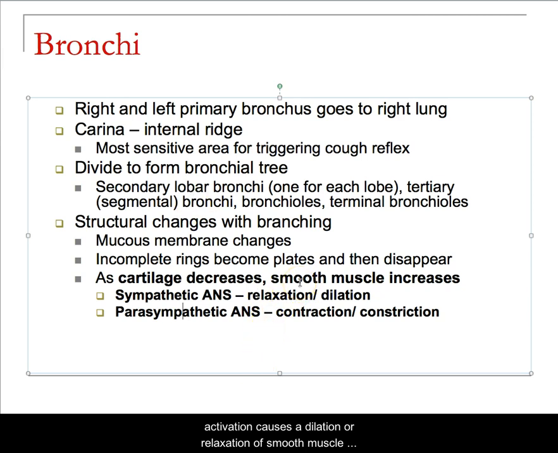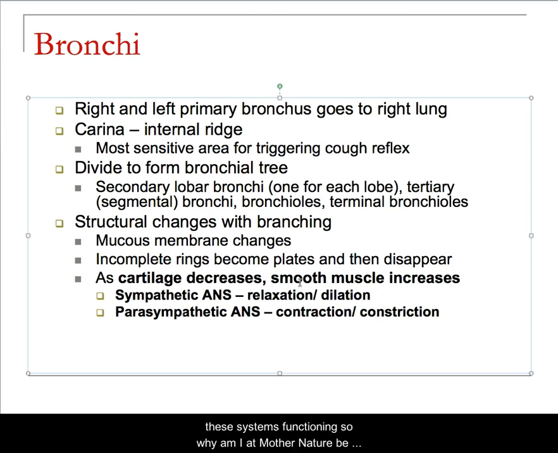And the moment you see that, you should be thinking to yourself, oh, I know what that means. I have autonomic nervous system control over the functioning of the lungs, and that's completely correct. You'll see sympathetic autonomic nervous system activation causes a dilation or relaxation of smooth muscle. This is the opposite of the way you would normally think of it.